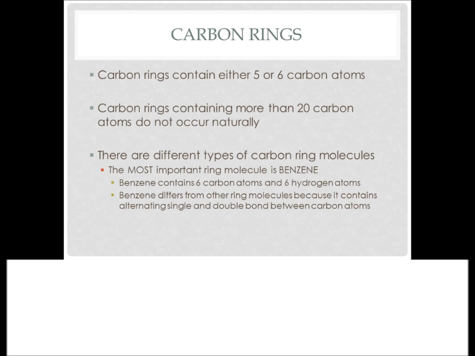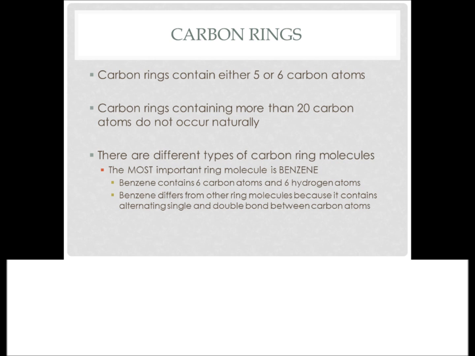So how can you identify a benzene ring? You should first look for 6 carbon atoms and 6 hydrogen atoms in the ring shape molecule. The next thing that you should notice, and this is unique to the benzene molecule, is that between the carbon atoms in the ring molecule contains alternating single and double bonds.